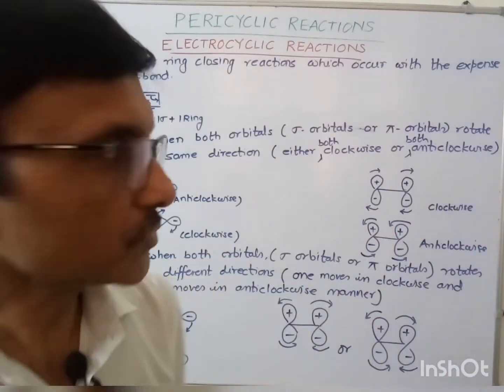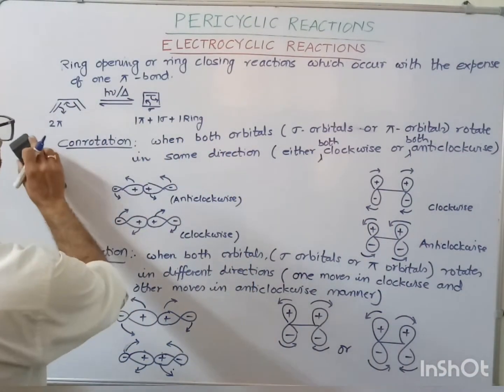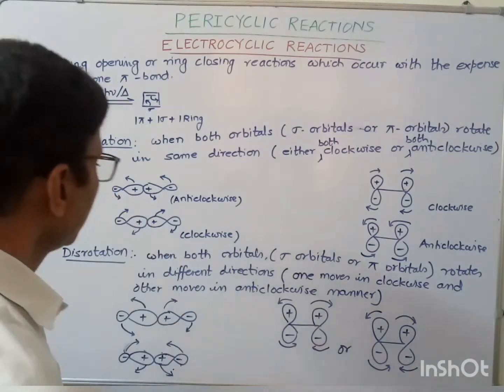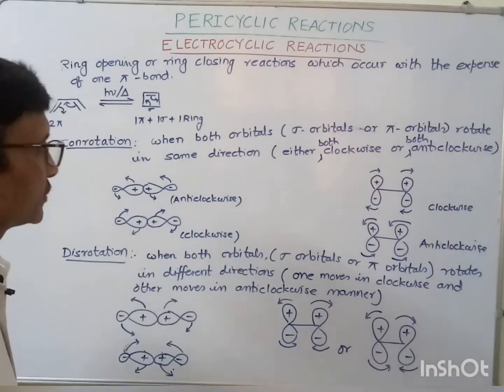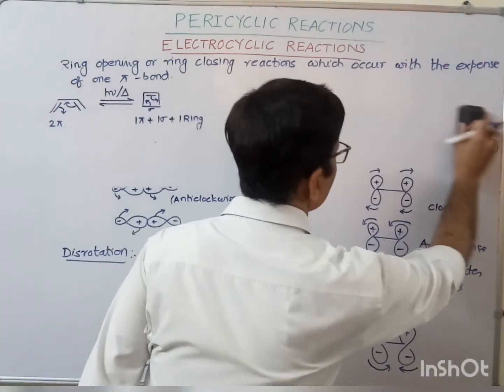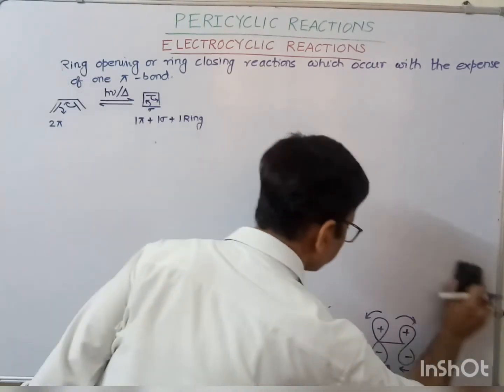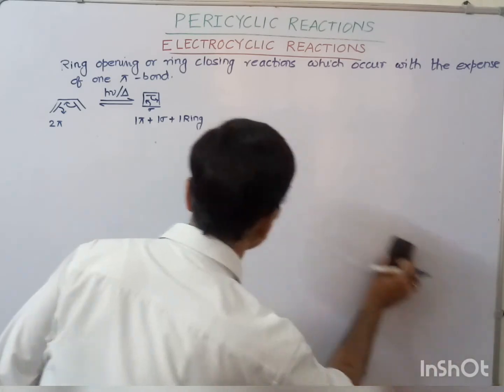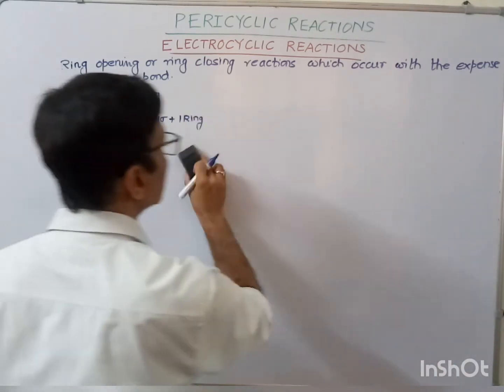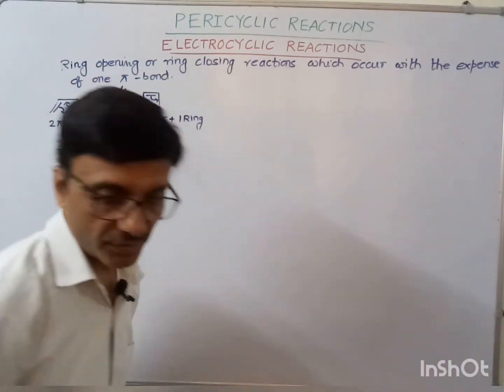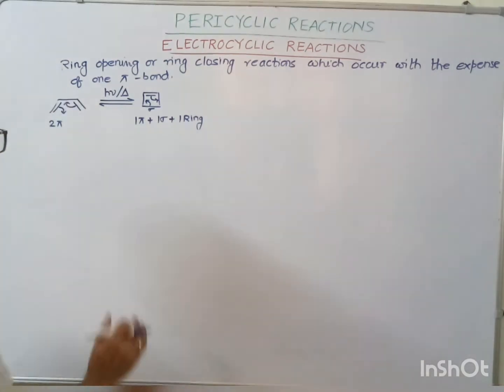Now, in electrocyclic reactions, another thing that we should remember is, when conrotation occurs, during conrotation of the orbitals, which symmetry is maintained?